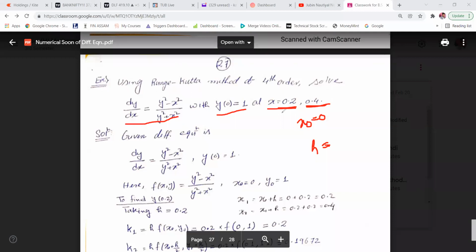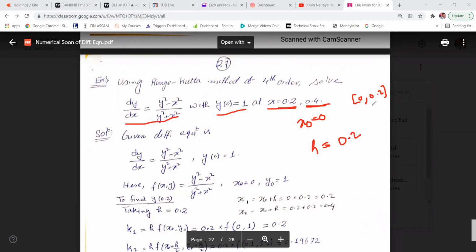So if I take 0 to 0.2 as one interval, then the value of x will be 0 and the other value 0.2. So the length of this interval will be 0.2 minus 0, that is 0.2.